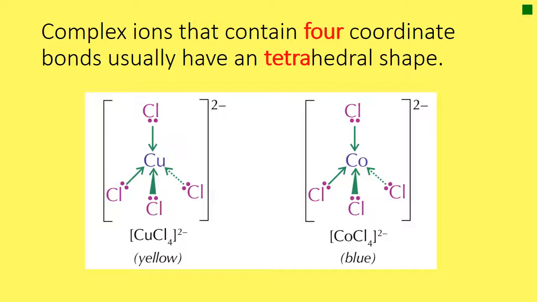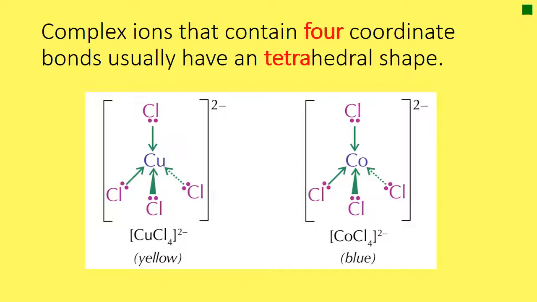And notice the copper one is yellow and the cobalt one is blue, and so we'll come on to colours in a future video lesson. But for now, just notice the shape and see how the shape's drawn. Now the triangular arrow is trying to represent that chloride ion that is out of the slide, nearer to us as we look at it, bonding back towards the copper.